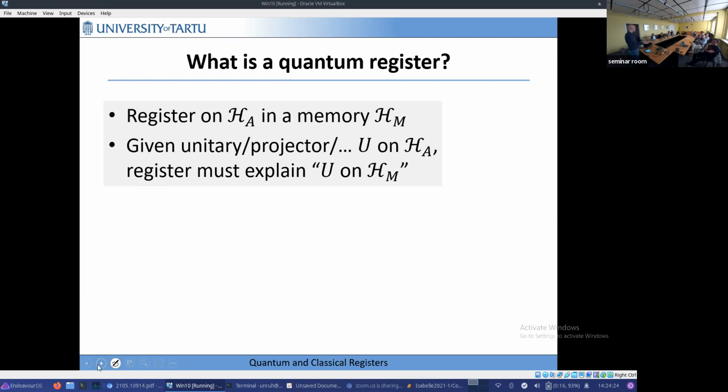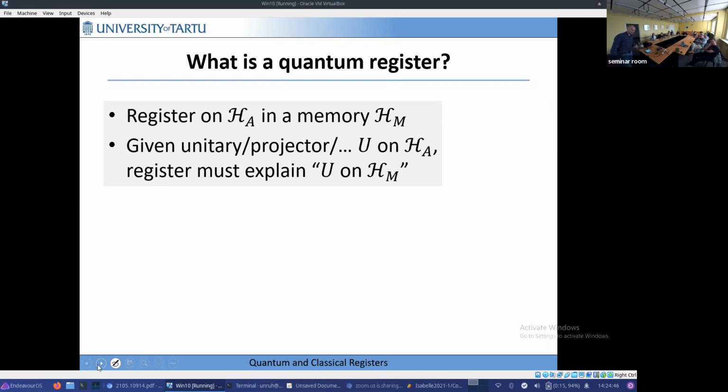We have the set of possible values in the memory, and the set of possible values inside the register. In the quantum setting, we have the space of states of the whole memory, and we have the space of states of the register content. At least that's the things that we want to relate.